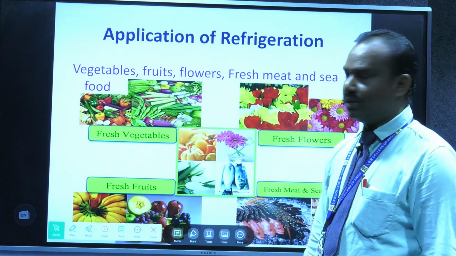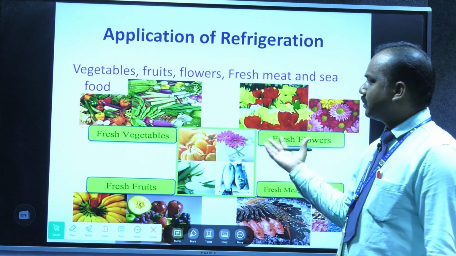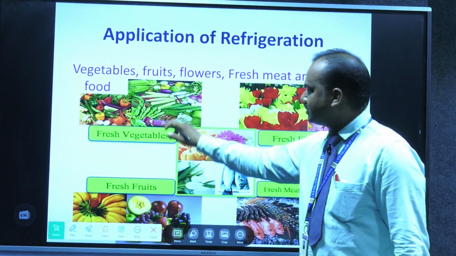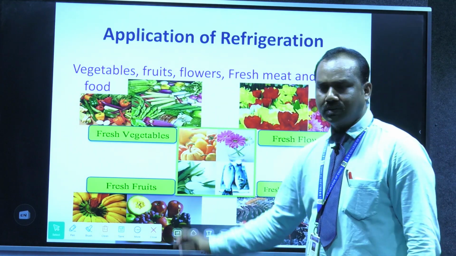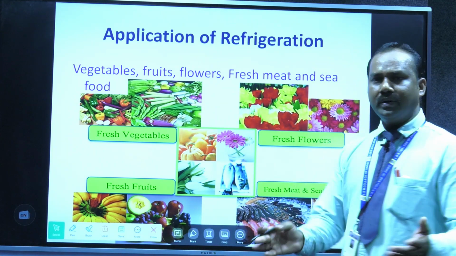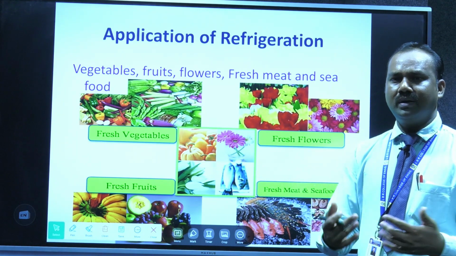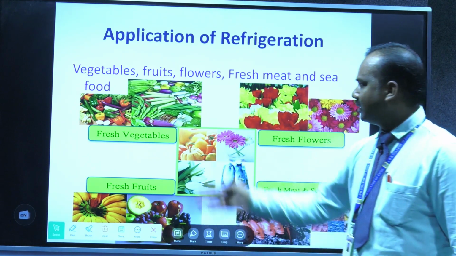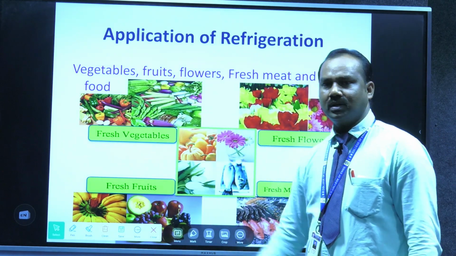I just now told you, an application of refrigeration is preservation of perishable products. If you look at here, these are all vegetables, flowers, seafood materials, fruits. If these products are open to the atmosphere, they may keep their freshness, their appearance, maybe 1 day or 2 days or maximum 3 days, if it is applicable to vegetables or flowers or sometimes fruits also.